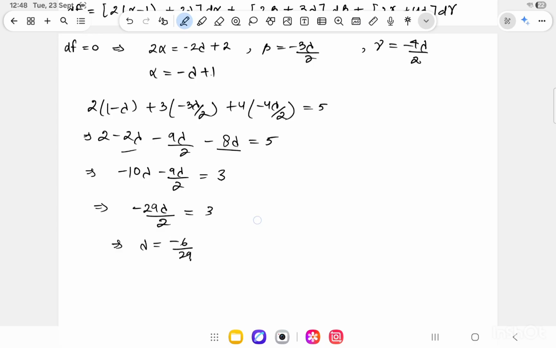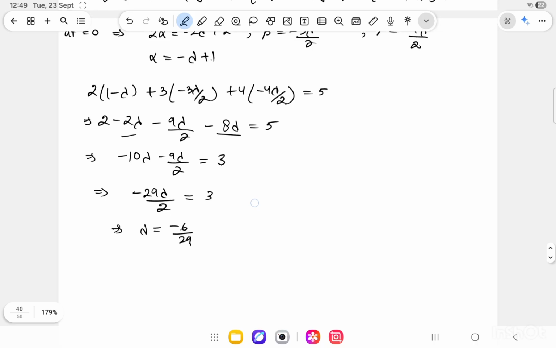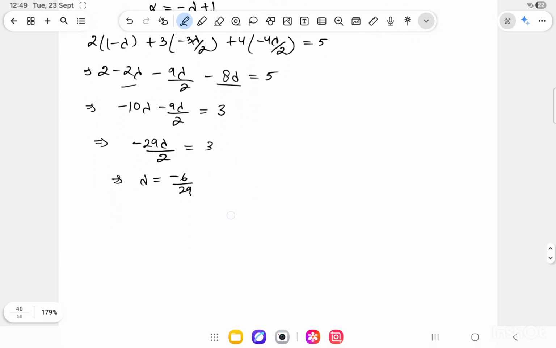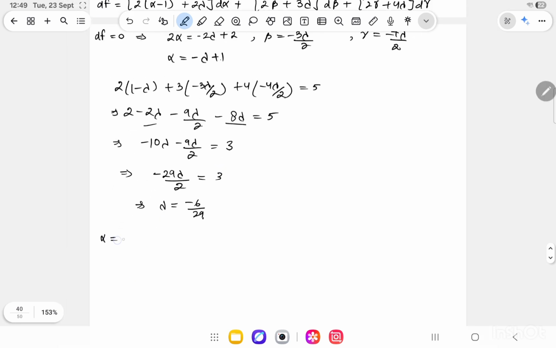Yes, my lambda is basically minus 6 by 29. So for this value of lambda, my alpha will be 1 minus lambda, that is 1 plus 6 by 29.